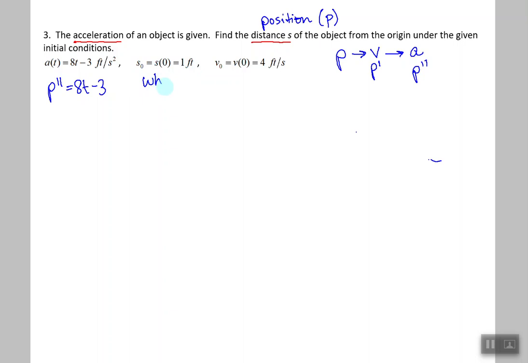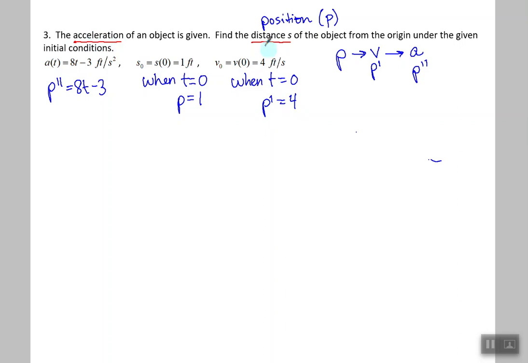So this means when t equals 0, the position equals 1. The velocity, v sub naught, or the velocity at time 0, v of 0, equals 4. So we can think when t equals 0, that velocity is 4, or p prime equals 4.